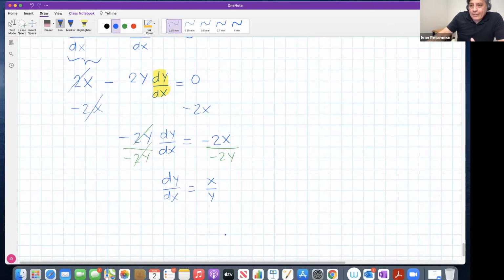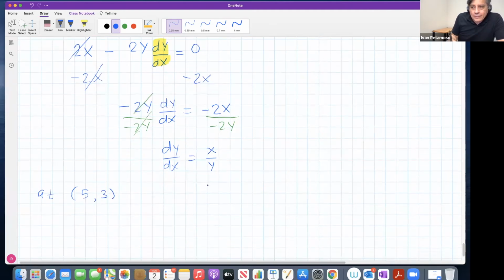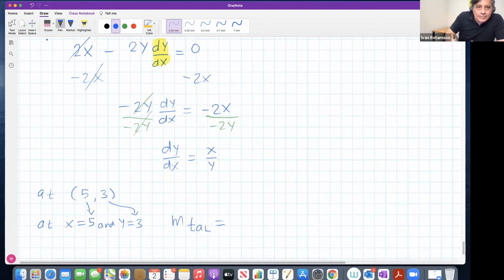Okay, now they want this derivative, the slope of the tangent line at this point, (5, 3). So then at x equals 5 and y equals 3, the slope of the tangent line should be equal to what?